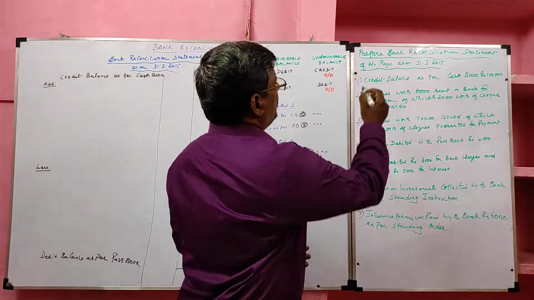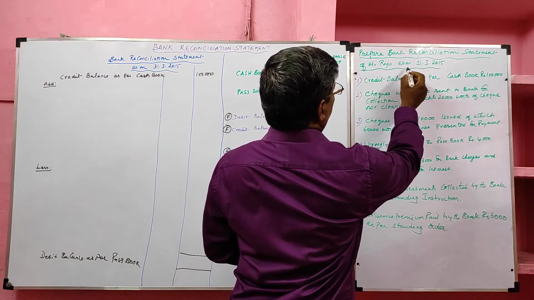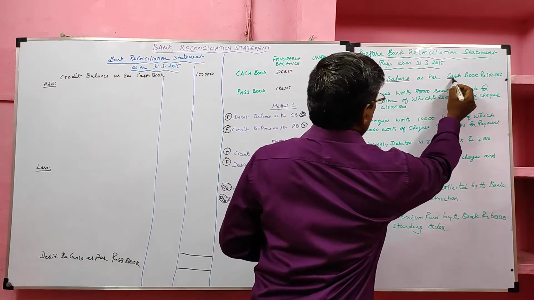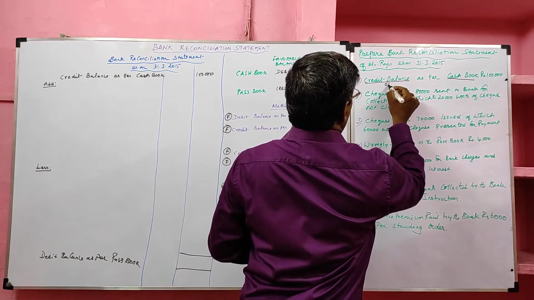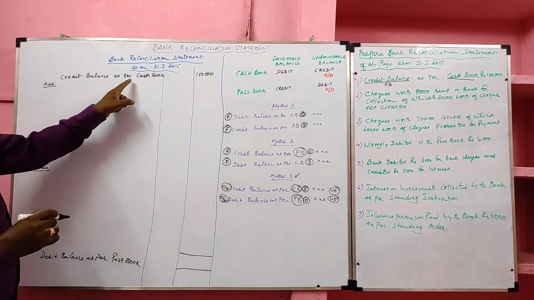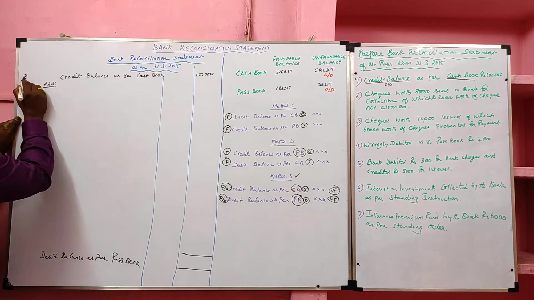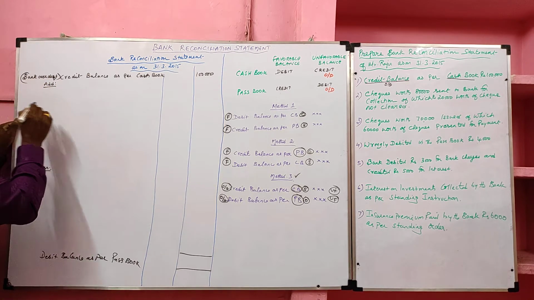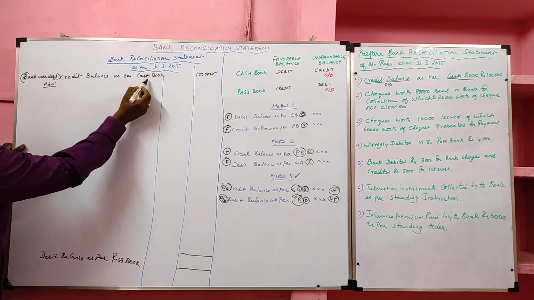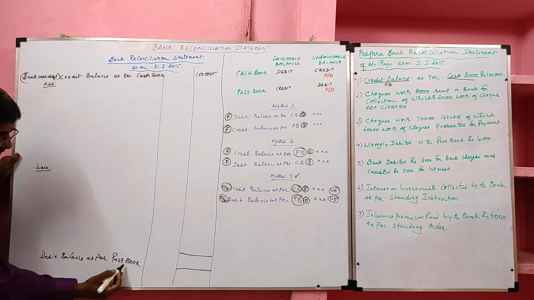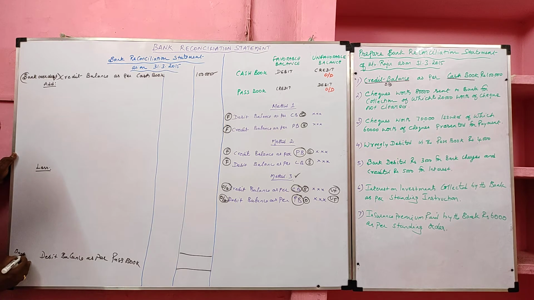Okay, let me solve the problem. Prepare bank reconciliation statement of Mr. Raju as on 31 March 2015. Credit balance as per cash book, it is bank overdraft. How much? 1 lakh. That is the starting point. So the ending point is debit balance as per passbook, which is also bank overdraft.